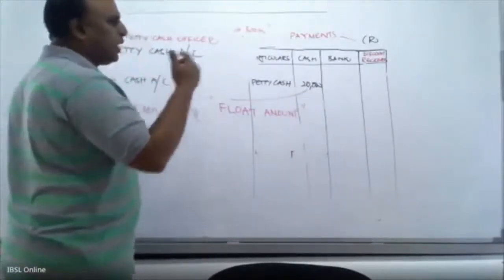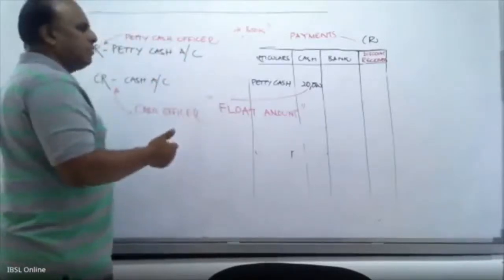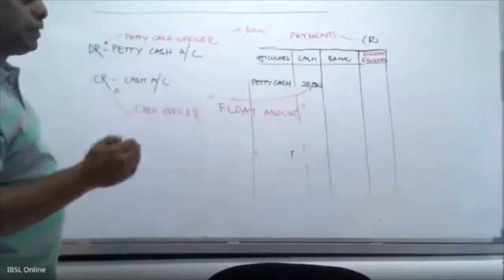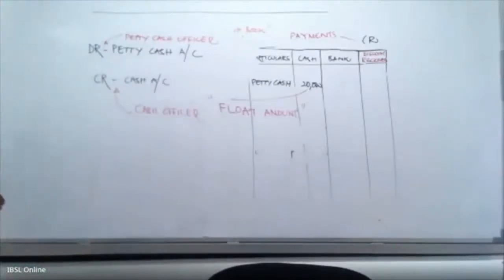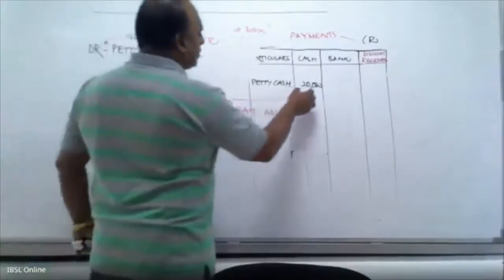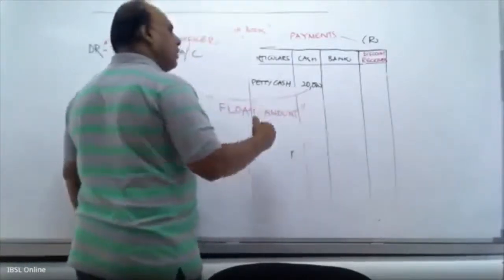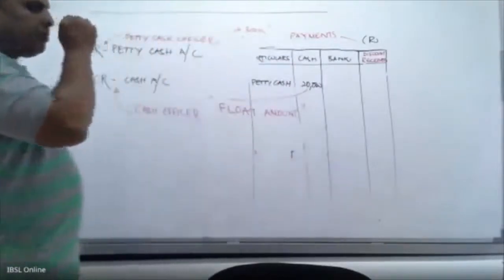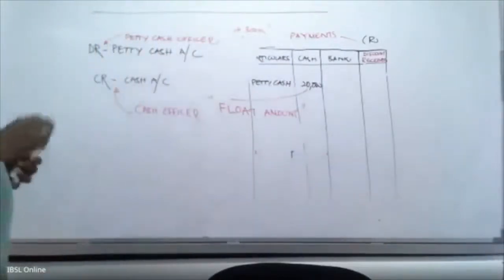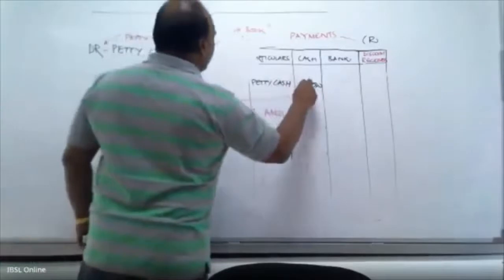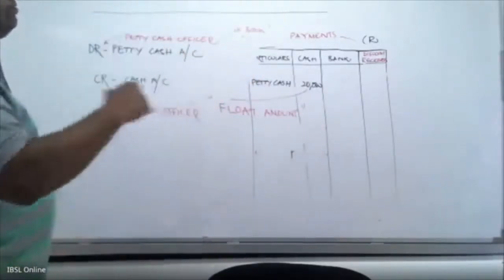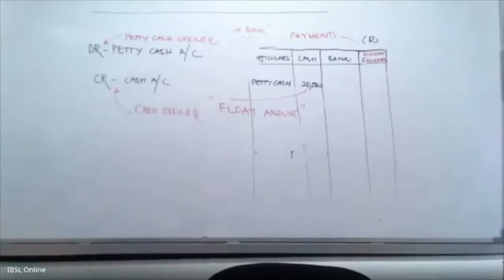You can also revise it, considering the amount of transactions happening in your business. Suppose you exceed this 20,000 in this month, you might increase it to 30,000 when you go to next month. But it is a constant amount that you take at the beginning of every month. That system is called an Imprest system.